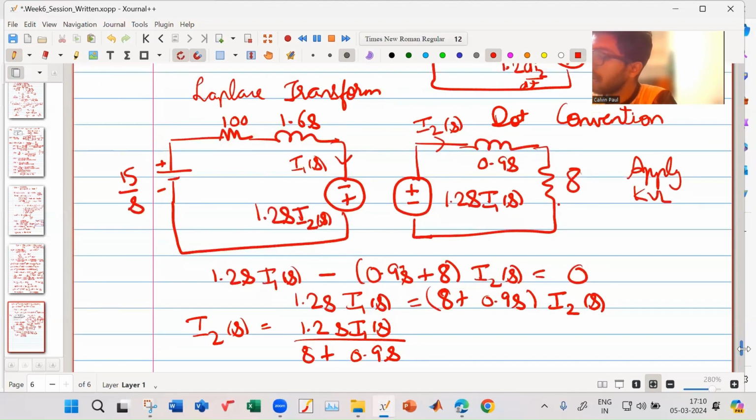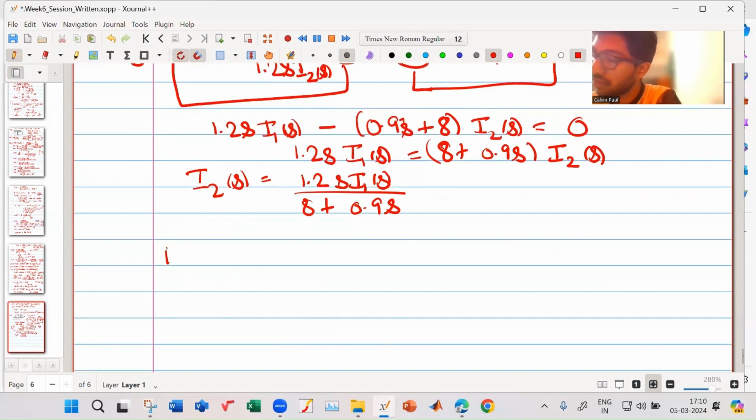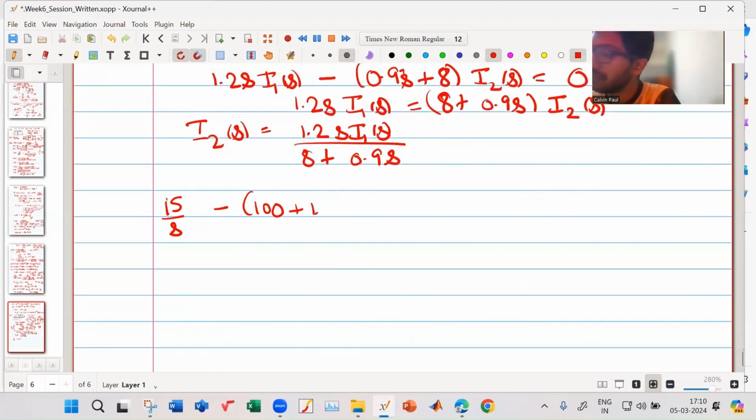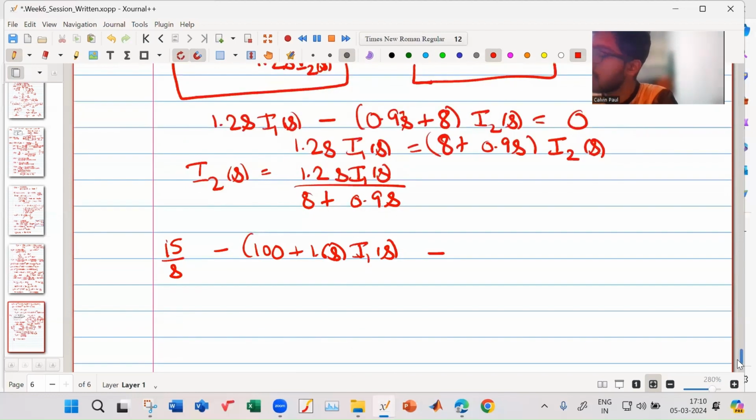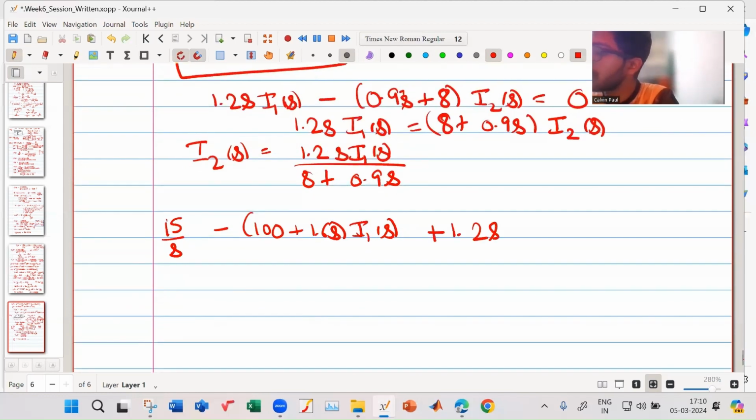Now I will apply KVL in loop 1. When I apply KVL in loop 1, what will I get? 15 upon s minus 100 plus 1.6 s into I1 of s, then minus to plus, so plus 1.2 s into I2 of s is equal to 0.